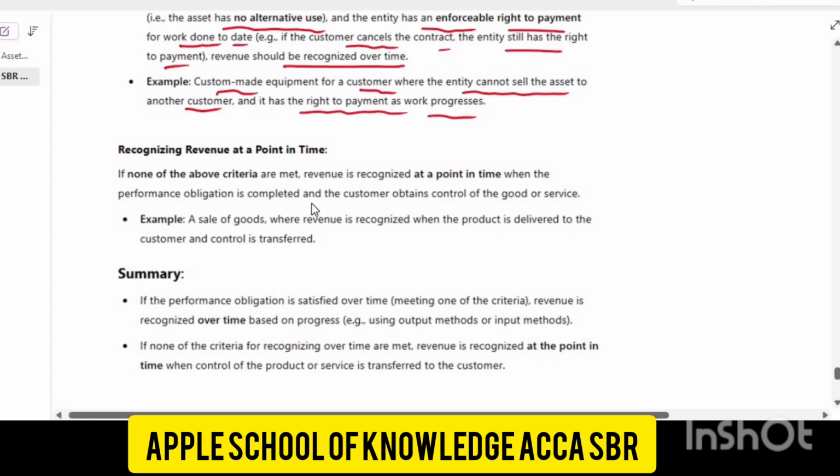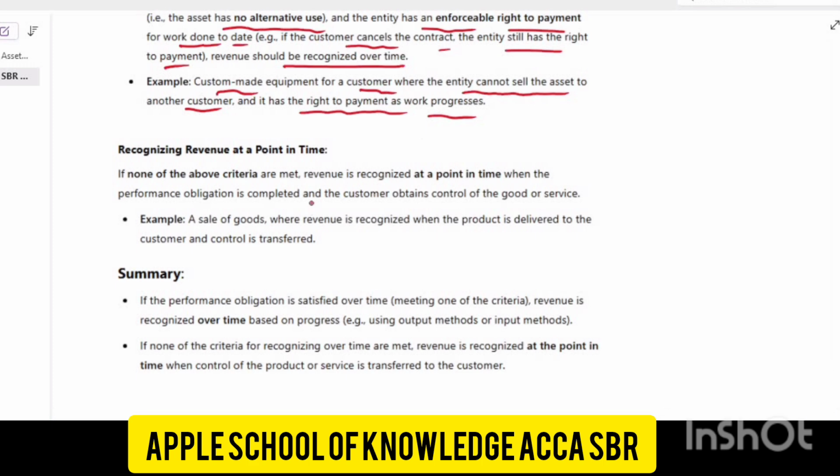Recognizing revenue at a point in time. So if none of the above criteria are met, then the revenue should be recognized at a point in time, when the performance obligation is completed and the customer obtains control of the goods or services. For example, a sale of goods where revenue is recognized when the product is delivered to the customer and control is transferred.